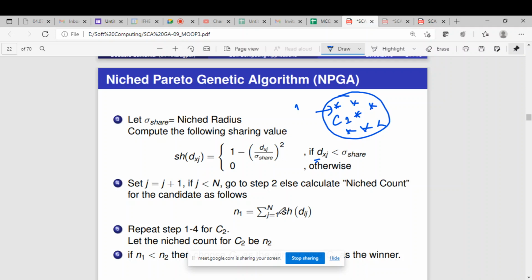So the probability of how many individuals lie close to that is what is called n1, right? Similarly, the number of individuals who will be close to C2 is called n2, and then we check who is less than who, and if someone is less than the other person, then we say that the other one is the winner.